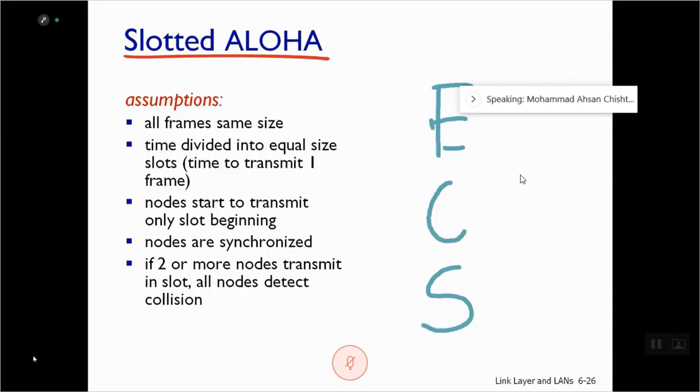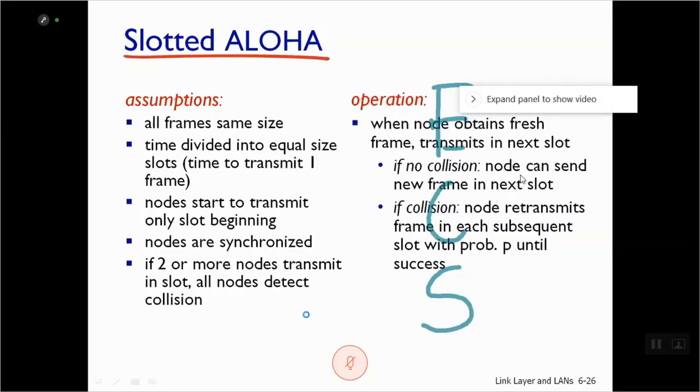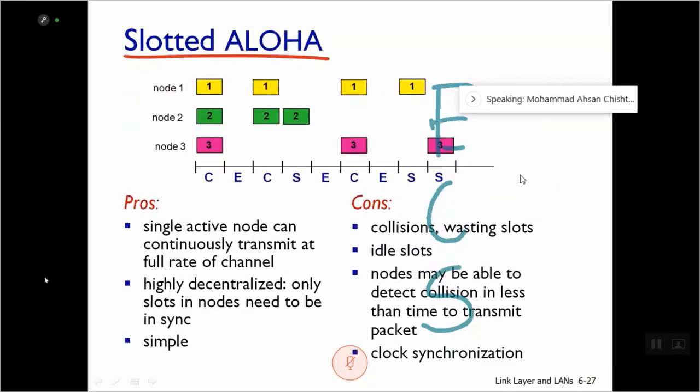This is how we see it in this figure. This explains slotted ALOHA. The letters C, E, S denote collision, empty slot, and S as successful slot.